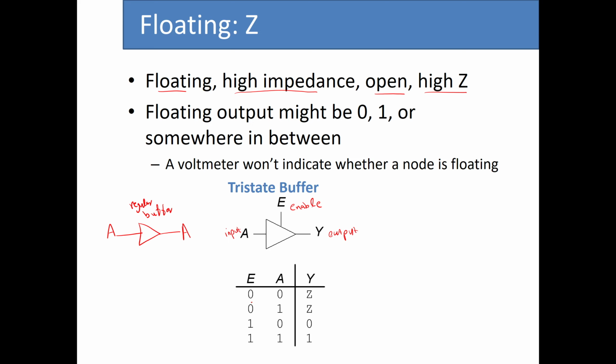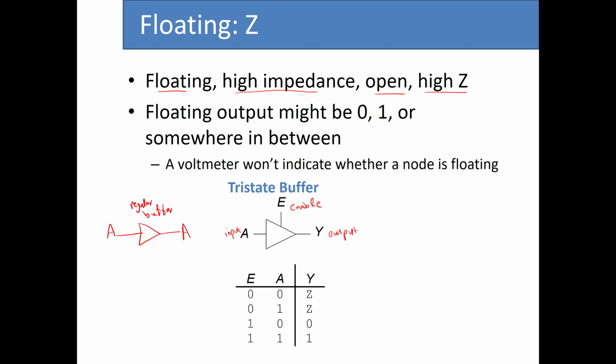So in effect, it's a switch for this specific buffer. When E is 0, that means that this buffer is not even on. No matter what the value of A is, the output is Z, right? So when this buffer is off, this output is not connected anywhere inside the circuit, conceptually.